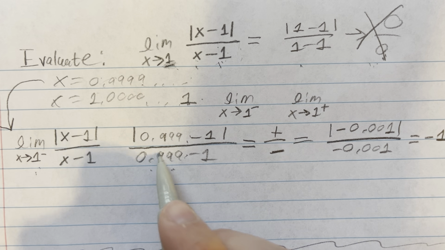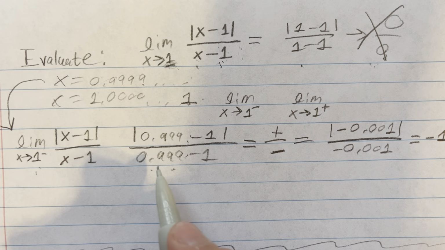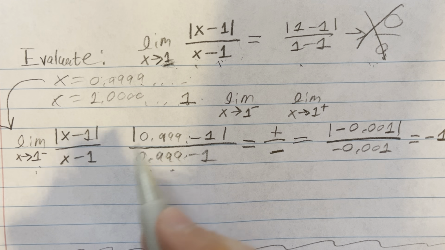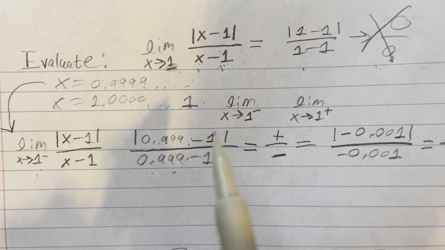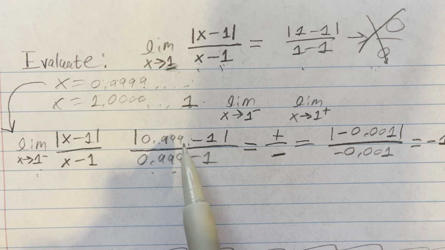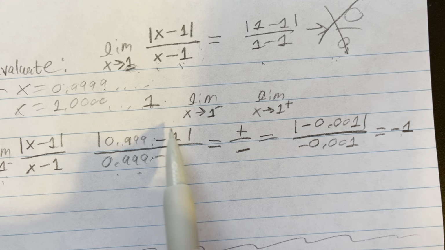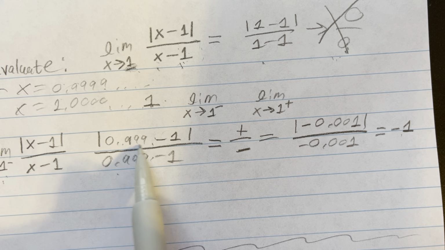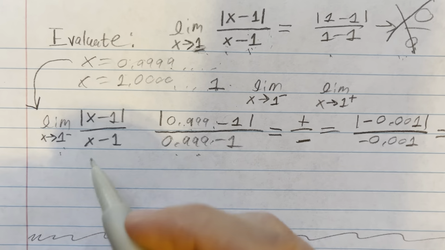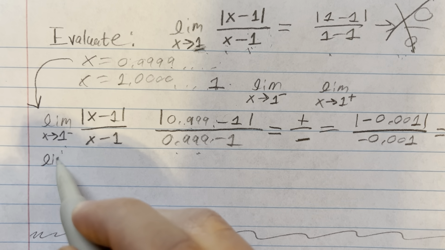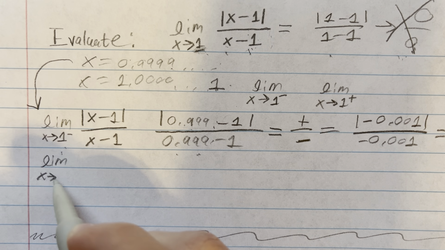And we could do this with any number to the left of 1. You could plug in negative 100, or you could plug in 0.9999999, right? You'll always get negative 1 if 1 is larger than whatever you're inputting. Now the same thing goes with our right-hand limit.